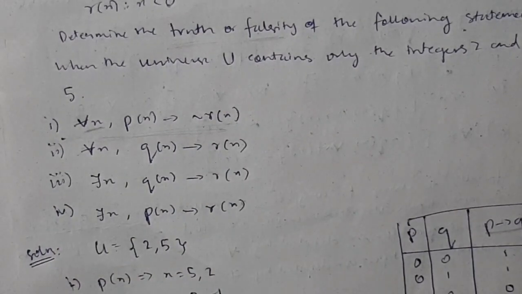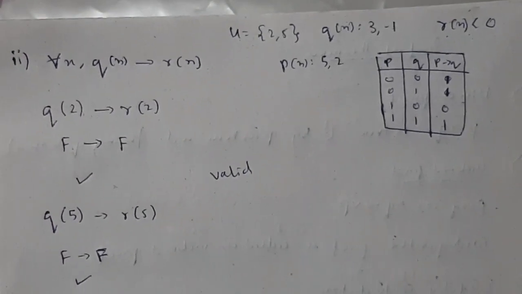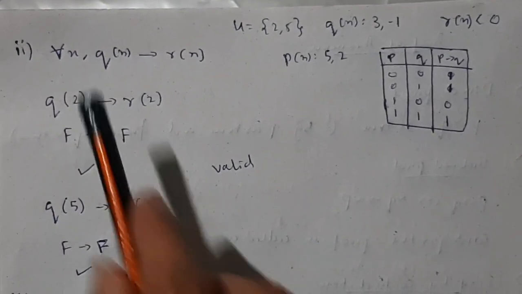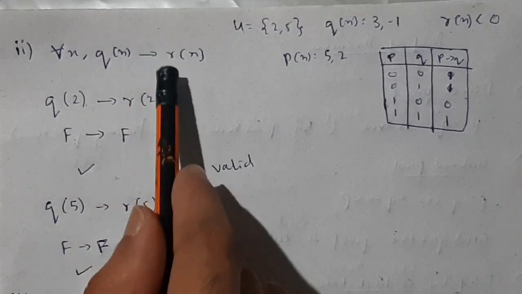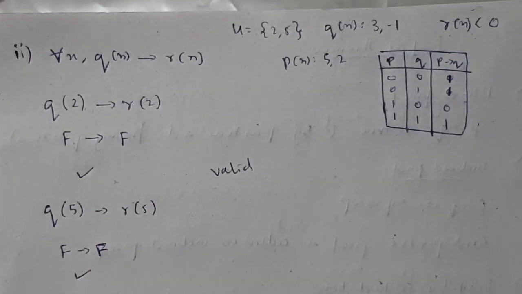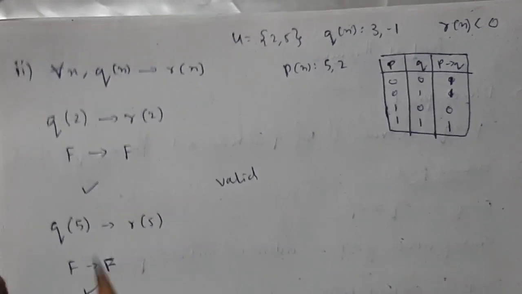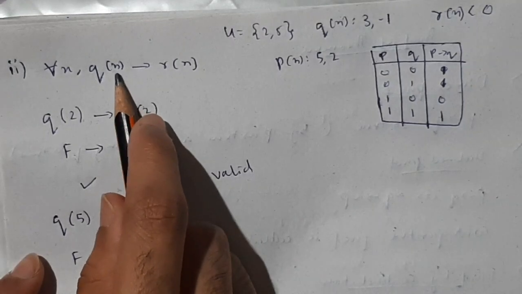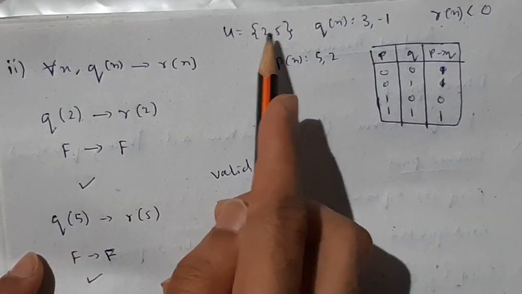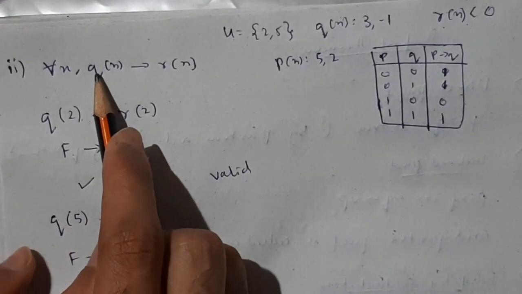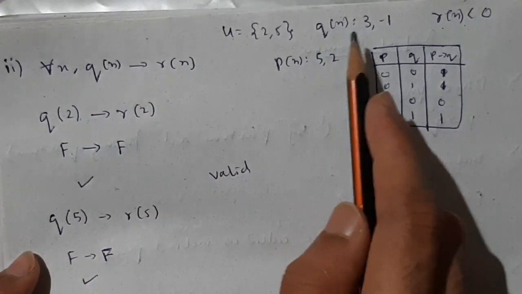I've written it on the next page. See here. For all x, q of x conditional r of x. In that case we have to test the q of x values for 2 and 5 both. Now the q of x equation you got as 3 and minus 1, right?